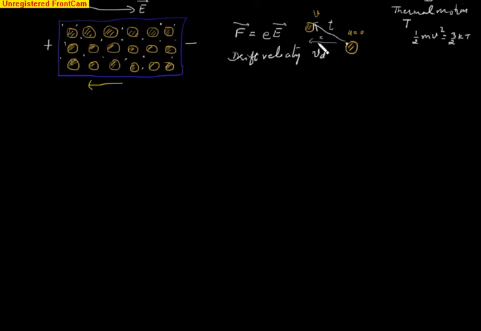Let us assume this distance is x, which each electron moves between any two cores. So every electron will cover some distance along the x-axis, under the effect of this force generated by the applied electric field.